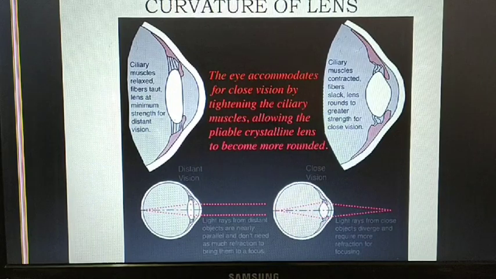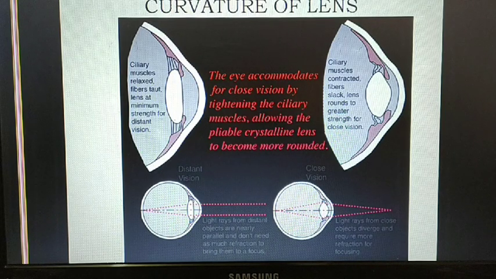Next we'll see about increased curvature of the lens. As you already know, the lens is biconvex, elastic and transparent, and it is suspended by the suspensory ligament from the ciliary muscles.